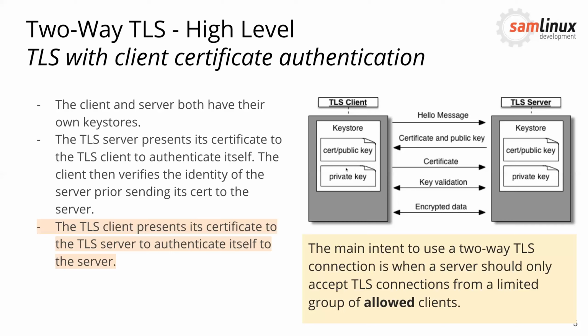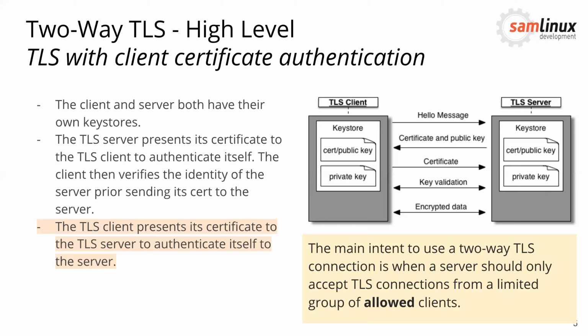And then in a second step, the TLS client sends also his public key to the TLS server. And the TLS server checks, okay, this client with this certificate belongs to a known certificate authority, and checks if this is valid.